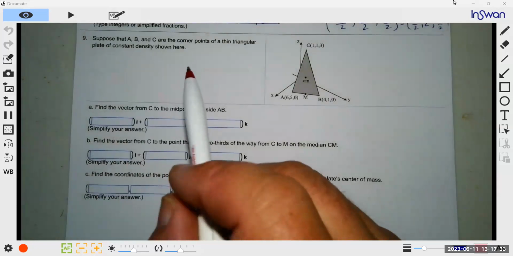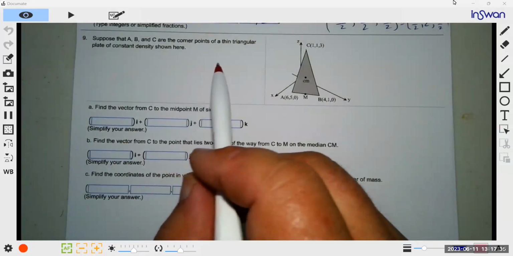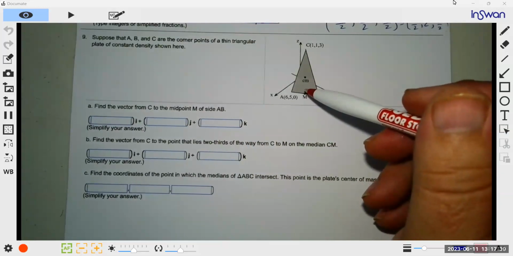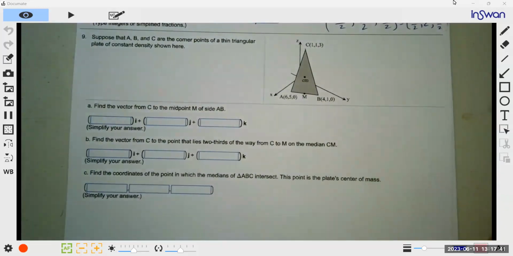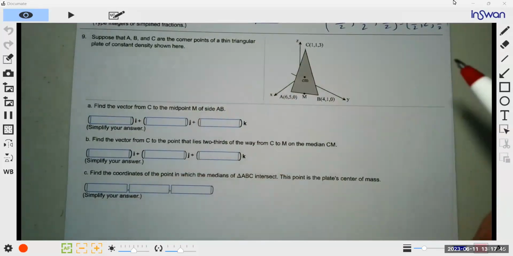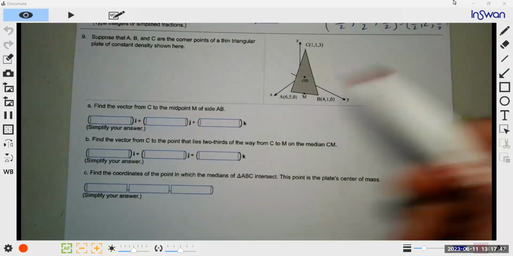Suppose that A, B, and C are the corner points of the thin triangular plate of constant density shown here. Find a vector from C to the midpoint M in vector form.